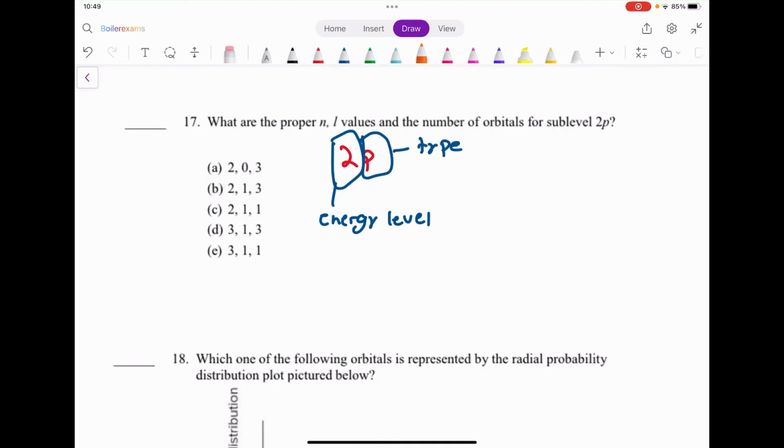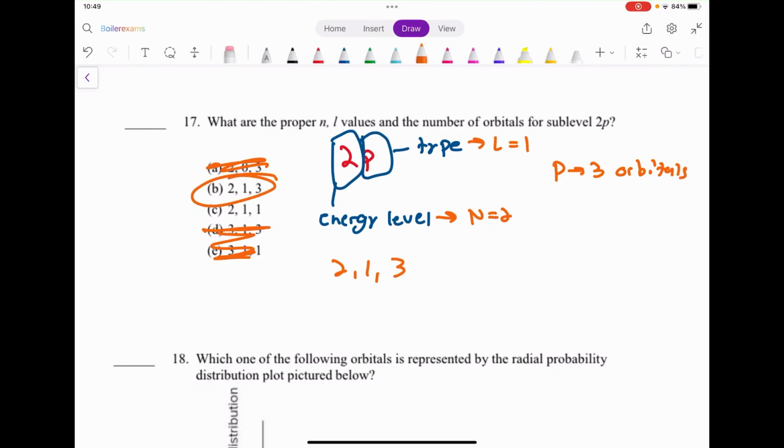And so we know the energy level maps to N, so that equals 2, and then the type maps to L, and for P we know that's 1, so then I know it's 2, 1, which eliminates this answer, and that answer. And they want to know how many orbitals are in the 2p. I know that P has 3 orbitals. B.